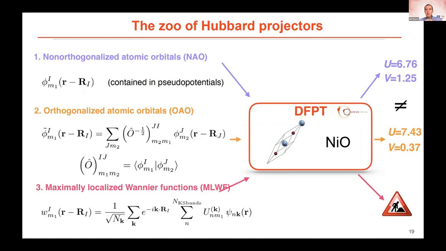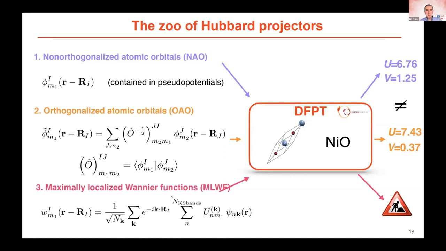So if you imagine two atoms and the orbitals that overlap, if you use non-orthogonalized orbitals, it means that you apply the Hubbard U correction to one atom and to the second, but in the overlap region, you have the correction applied twice, which we don't want. If instead you use orthogonalized atomic orbitals, you don't have this problem anymore. And I will show you at the end of my talk that indeed, orthogonalized atomic orbitals give more accurate results.